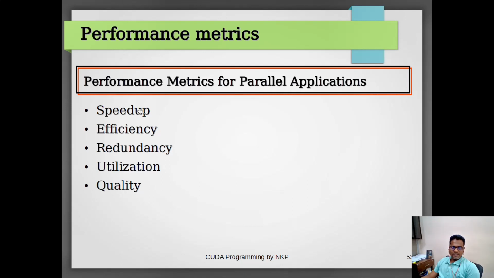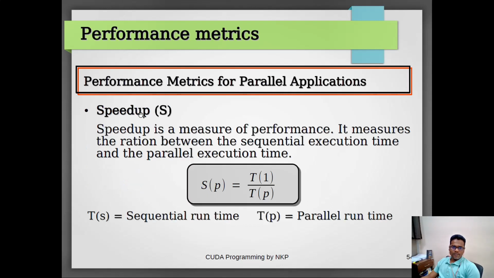So let's focus on the first one, that is speedup. Speedup is a measure of performance, and it measures the ratio between sequential execution time and parallel execution time. We'll have a given program, execute it sequentially first and record its time, and then parallelize it using p processors or cores. If you take the ratio of the time required sequentially to the time required in parallel, that is called speedup.